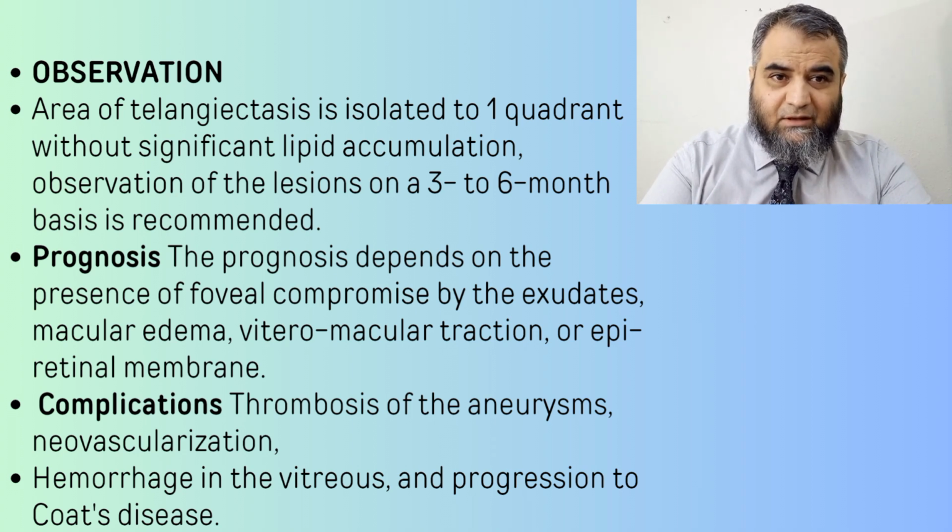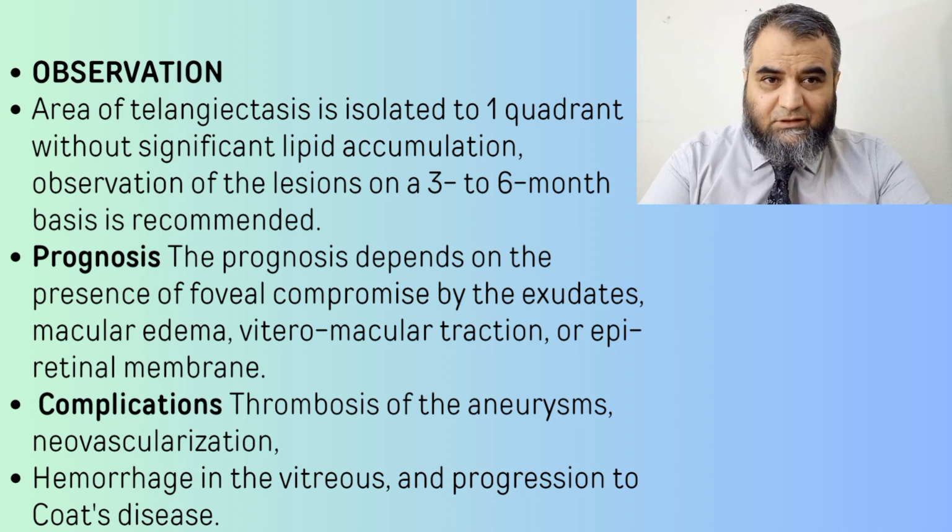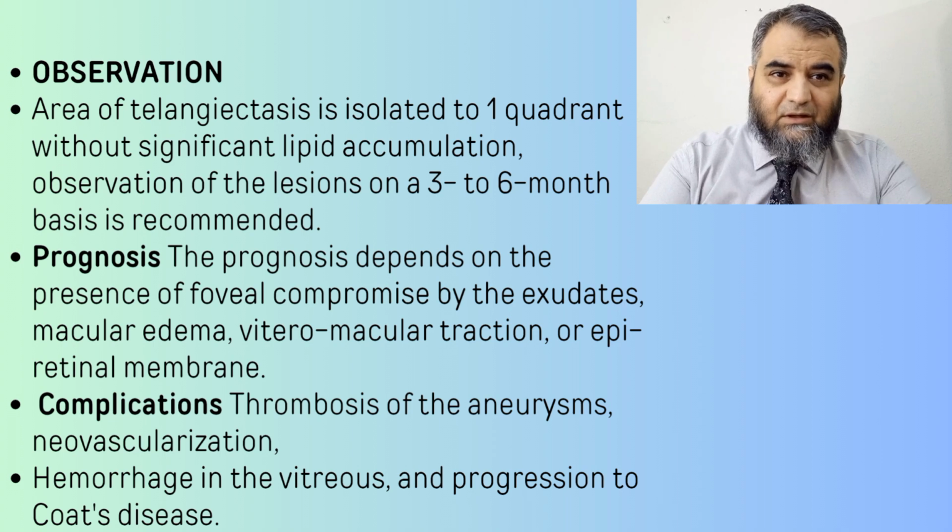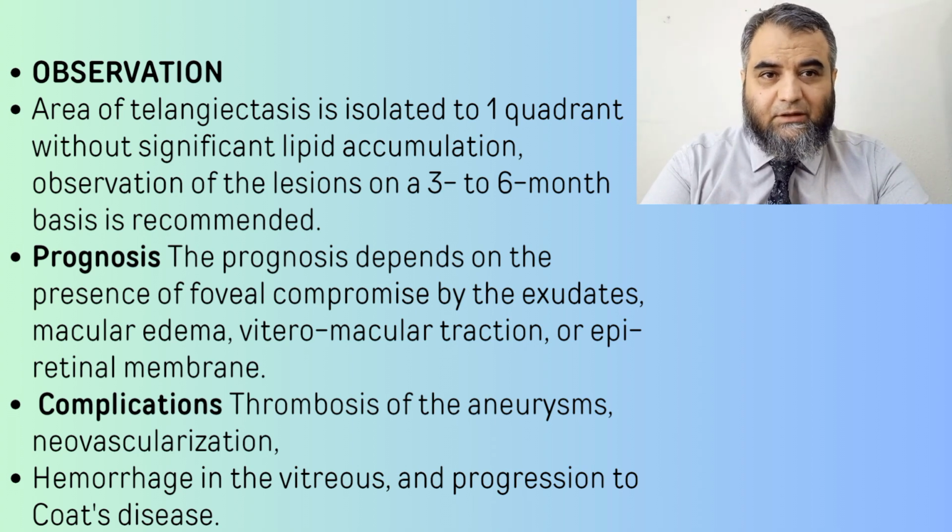So usually not that much, but once the macula is involved, the central area of the fovea is involved, then the problems start happening. So people believe this is the Coats disease of the adult. They also call it Coats disease of adult people, males mostly.